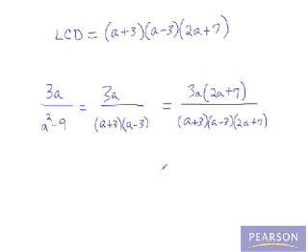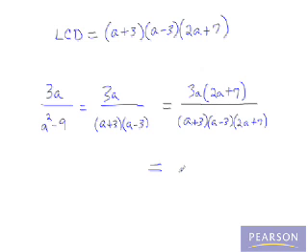I'm changing what the fraction looks like, however I am not changing the value of the fraction, because as you can see, these factors of 2a plus 7 would divide out, cancel each other out, and we're left with what we started with. So we're just simply changing the look of our fraction.